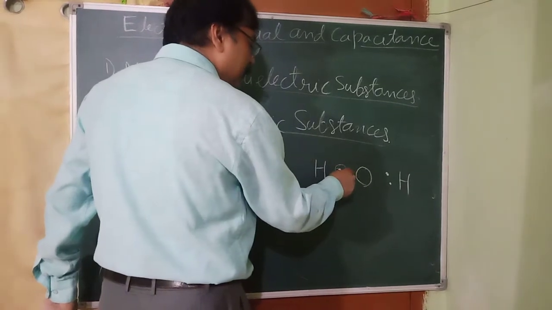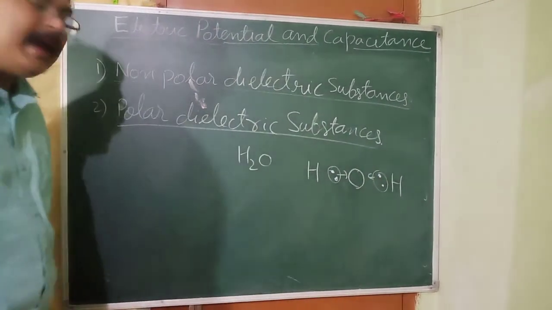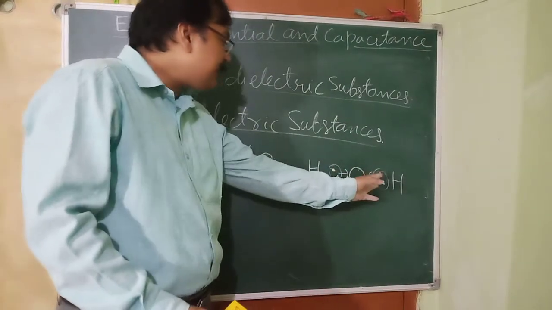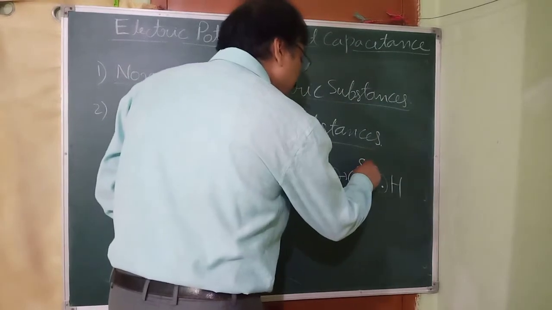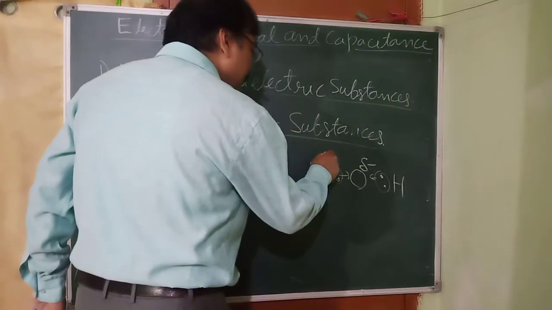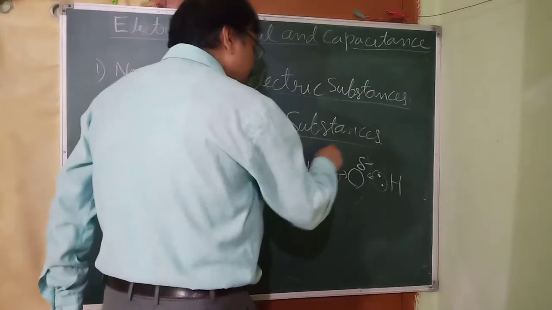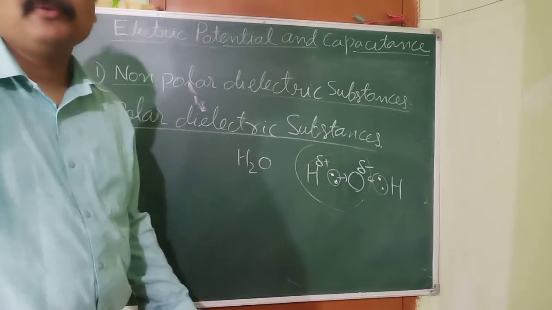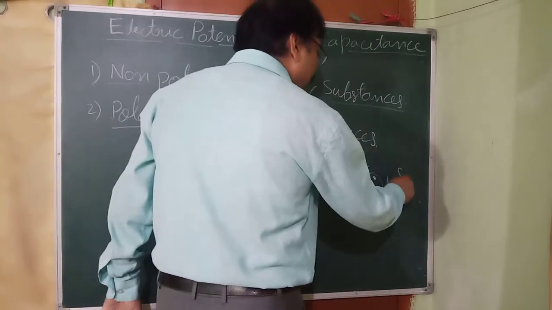These pairs of electrons are pulled by the oxygen towards it, and these electrons shift towards oxygen, and due to that the oxygen gets a partial negative charge, and hydrogen gets a partial positive charge. Now you tell me, is this going to behave as an electric dipole or not? Obviously. Here also it will get a positive charge.